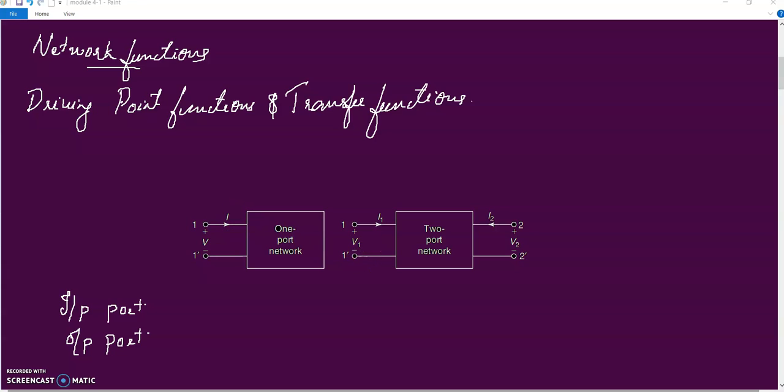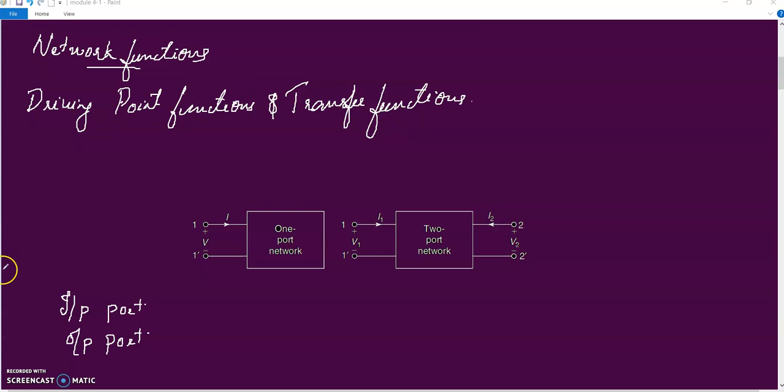In the two-port network, in port 1 we have V1, I1, and in port 2 we have V2, I2. So now we have seen what a one-port network and a two-port network are. Now we will move on to the functions, driving point function and transfer function.